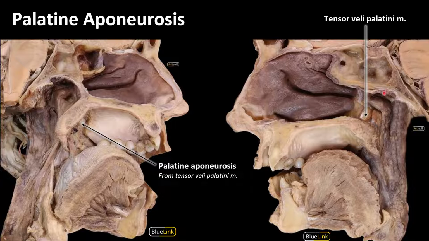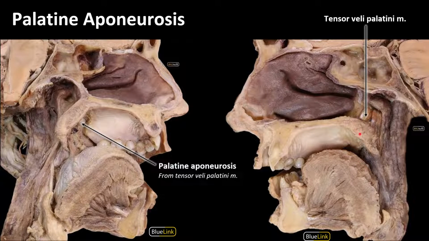Now we can see tensor veli palatini on the right here, and we can see already that it is getting this nice shiny aponeurotic look to it. So it's starting to look more like a tendon than a muscle belly. And that is going to travel inferiorly into the soft palate and turn medially to form sort of a sling that the other palate muscles can attach to.